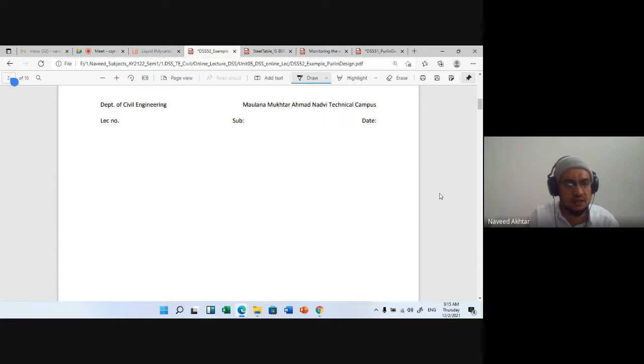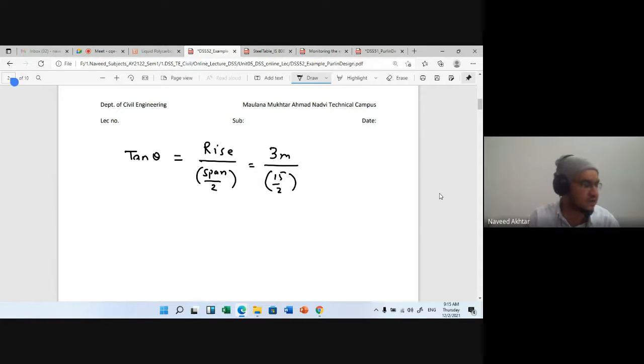To find the slope, tan theta is equal to rise upon span by 2, that is 3 meter upon 15 by 2, 7.5 meter.